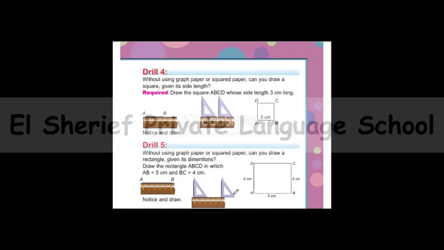Now, if he asked me to draw a square, what shall I do? Go to book page 37, drill 4, without using a graph paper, your normal notebook. Can you draw a square given its side length? So he asked me to draw the square ABCD whose side length is 3 centimeter.